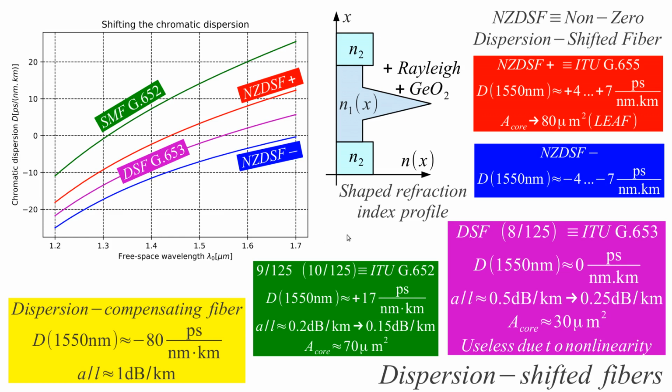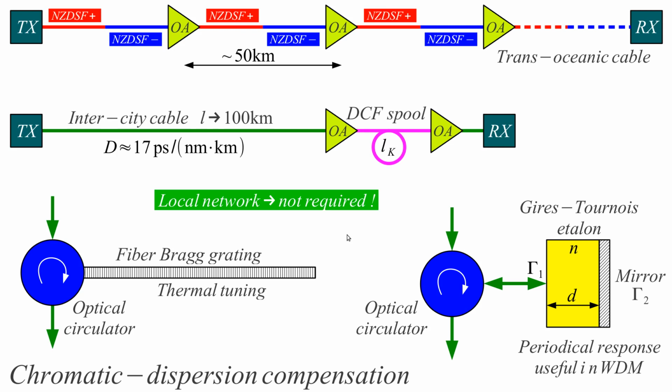So if we look at all possible solutions for a new installation, like a transoceanic cable made with all new hardware, we put a series connection of non-zero dispersion shifted fiber, plus and minus. So the dispersion coefficient almost cancels out. We do some fine correction in the receiver.